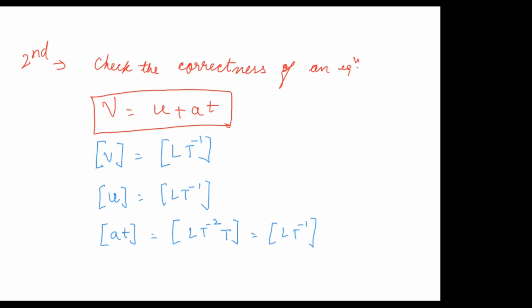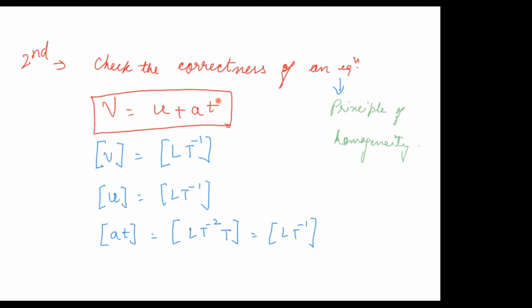Now, actually, this is based on the principle of homogeneity. What does it say? It says that an equation is dimensionally correct only if the dimension of all the quantities which are in the equation, for example, dimension of this V, dimension of U, dimension of AT, all should be same.